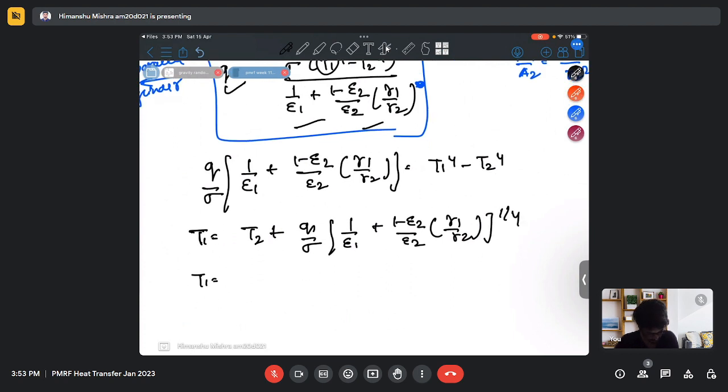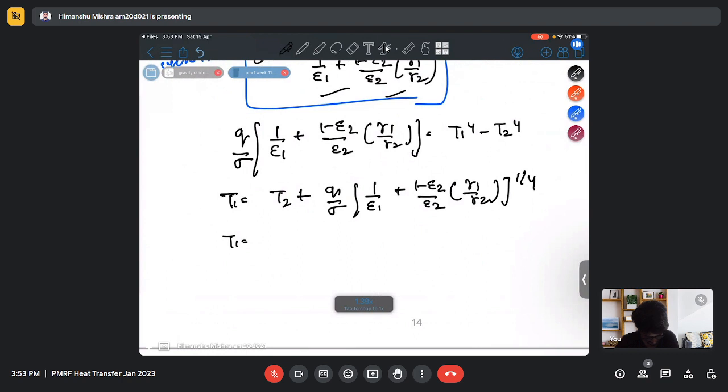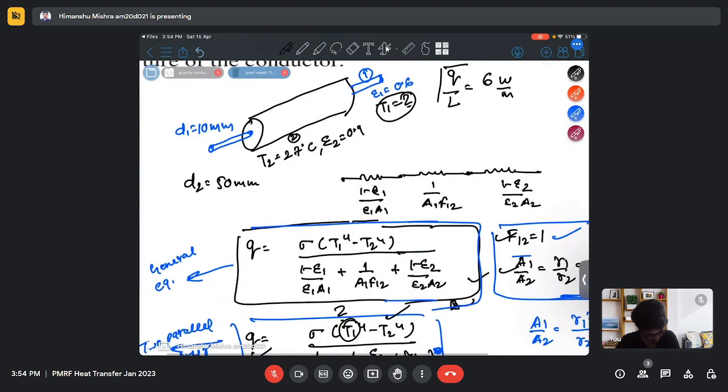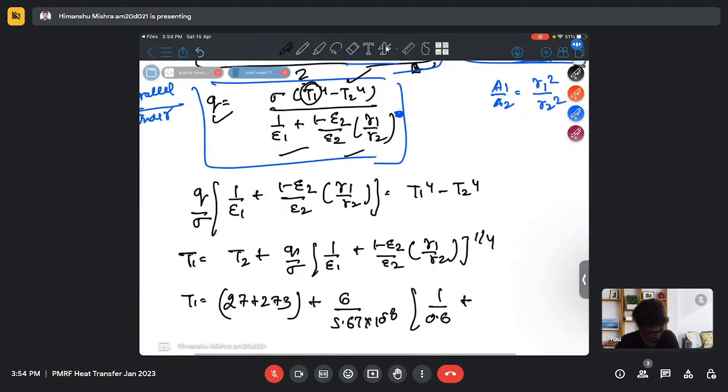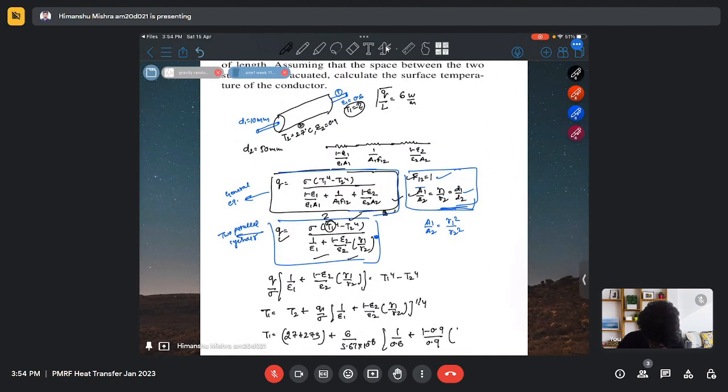My T2 is 27 degrees Celsius, so I will write it in Kelvin. My heat transfer per unit length was 6, my emissivity is 0.6 for surface 1 and 0.9 for the outer surface, and my ratio of radii will be 1 by 5.